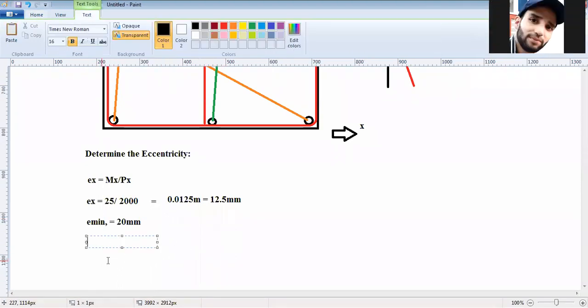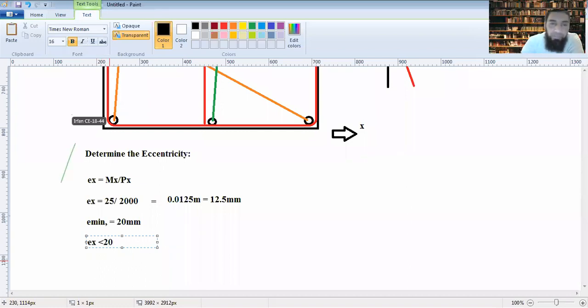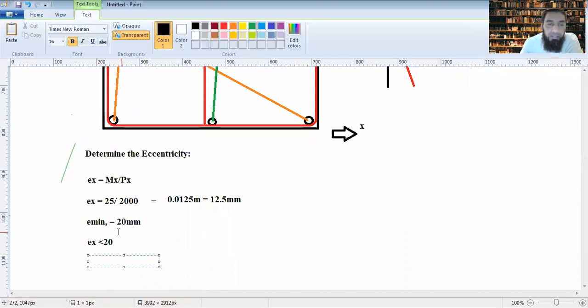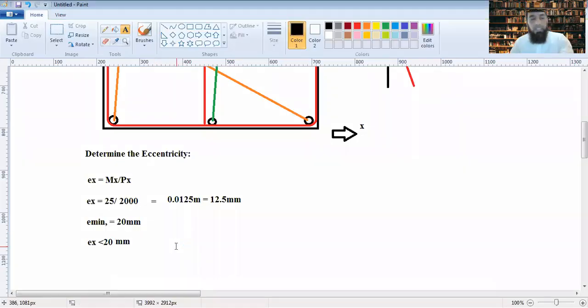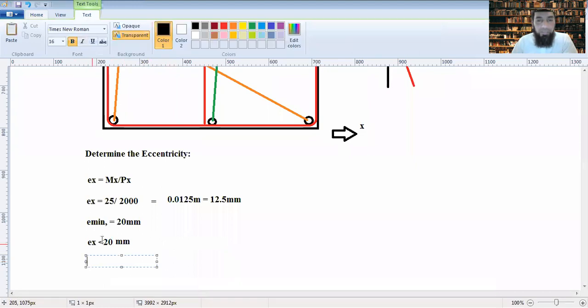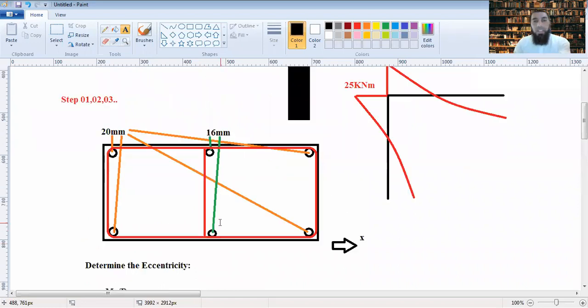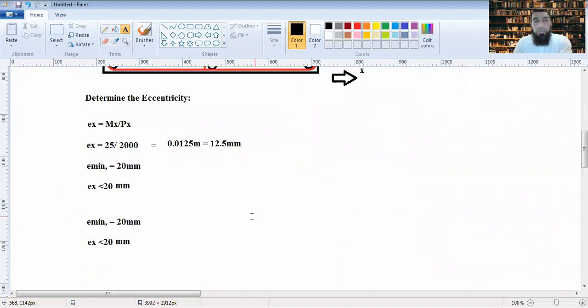So now this eccentricity Ex here is less than 20 mm in this case. Thereby, it's not a major case of eccentric loading. So the first case, the concentric design that we did, is enough for the first case.